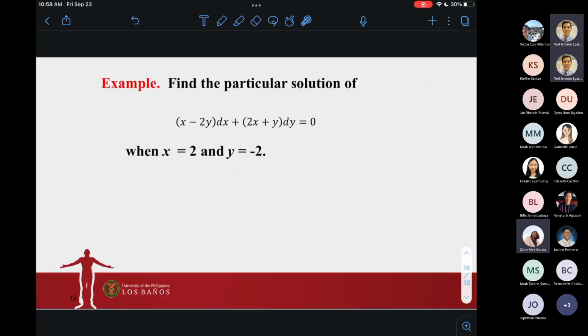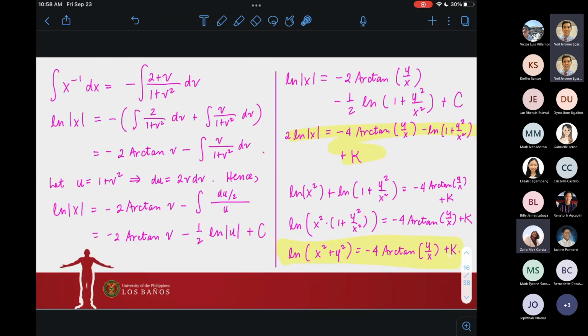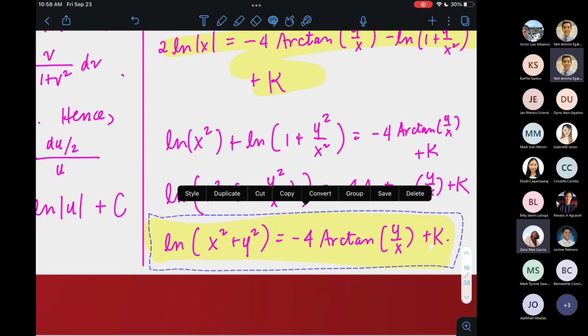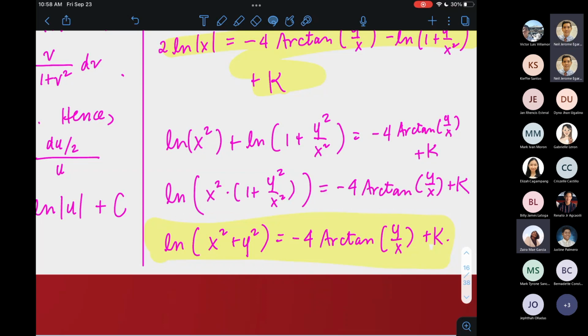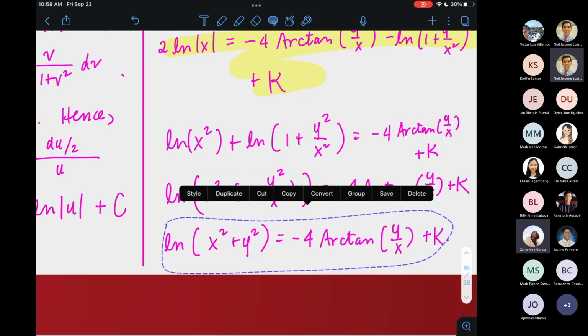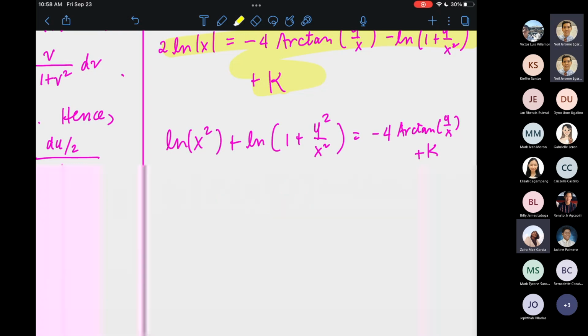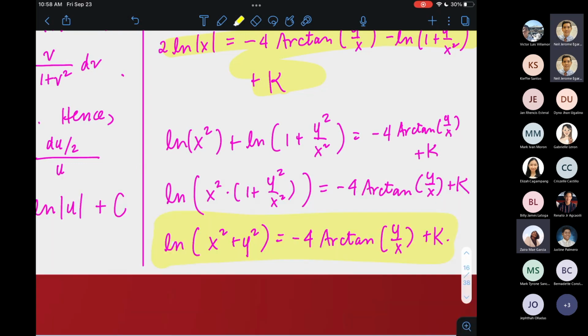Okay. Before we proceed, particular solution muna. Because here we have a general solution. Okay? It's a general solution because we have a representation of all the possible functions y, okay, in terms of the independent variable x that will satisfy the ODE.